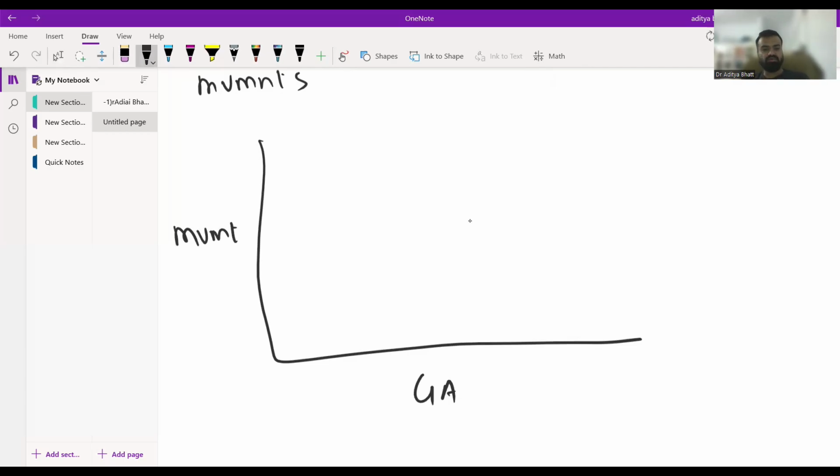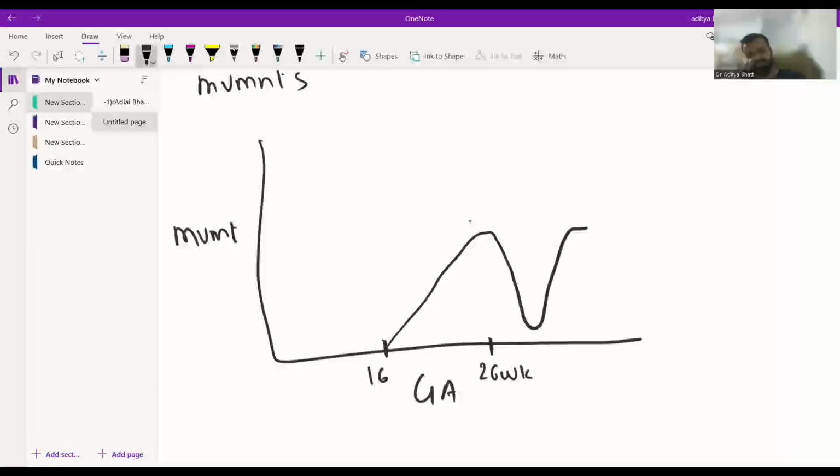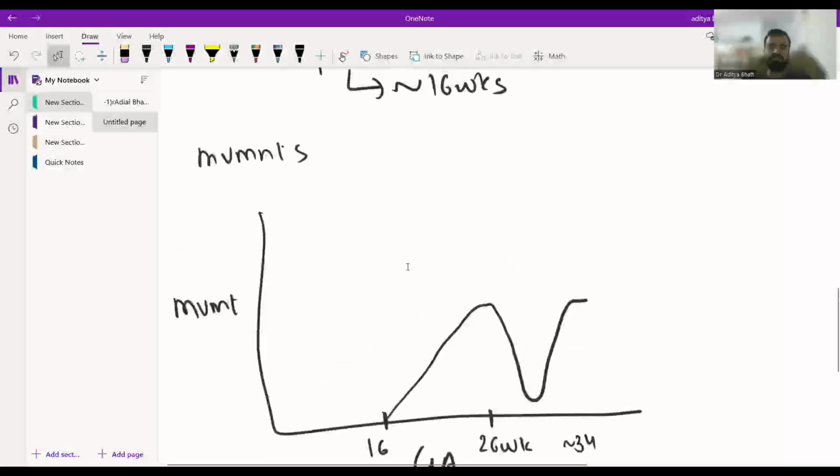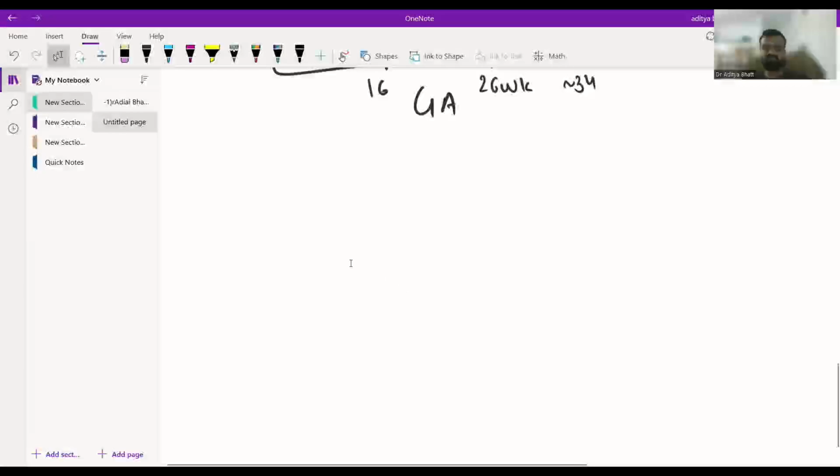So obviously the movement would begin at 16 weeks, and then it peaks or plateaus at 26 weeks, then it suddenly abruptly falls, and then there is a second peak that is achieved at around 34 weeks, like between 32 to 36 weeks. So there is one abrupt fall that is seen, and then there are two peaks, two plateaus that you need to understand. Okay, so this is very, very important, and this is what you should know.